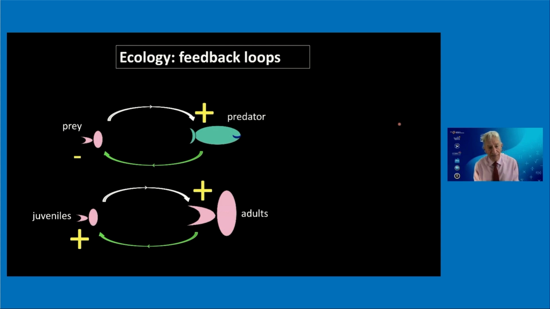We turn to the study of ecology, and we have negative feedback loops. Prey increase the number of predators by feeding them, but predators decrease the number of prey. We have positive feedback too. Juveniles increase the number of adults, but the larger the number of adults, the more the number of juveniles. So there's a positive feedback loop.